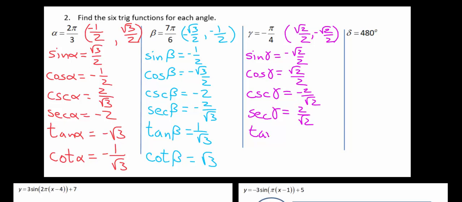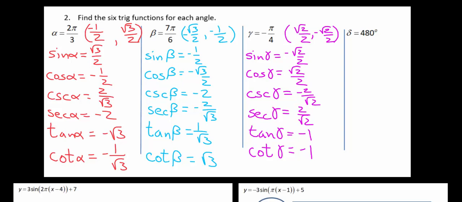And then we've got tangent, which is negative 1. Cotangent is negative 1. Remember, tangent is y over x, and then cotangent is just the reciprocal of that.